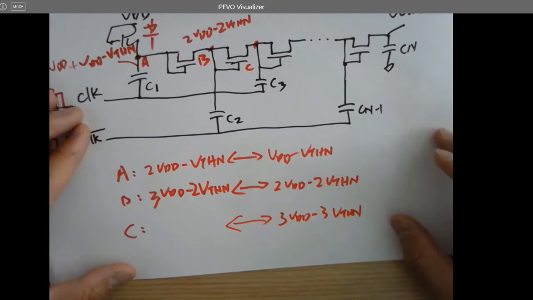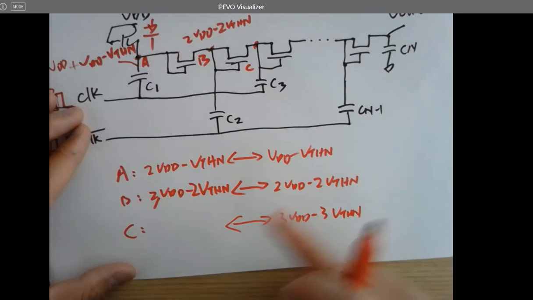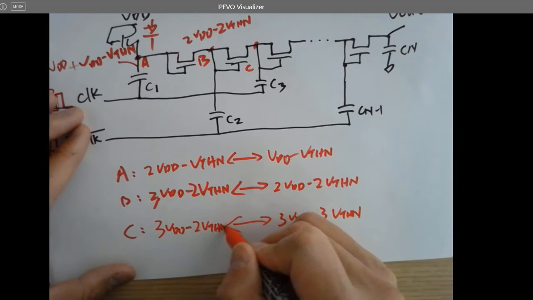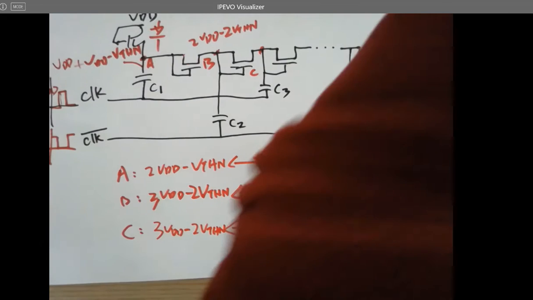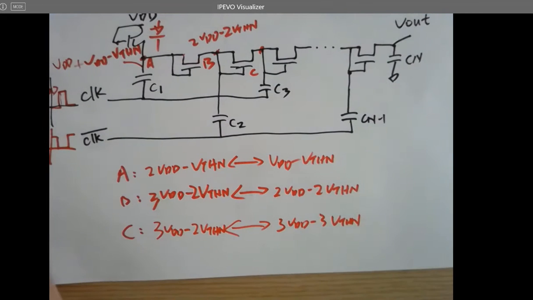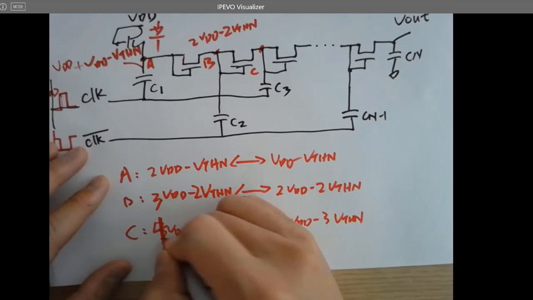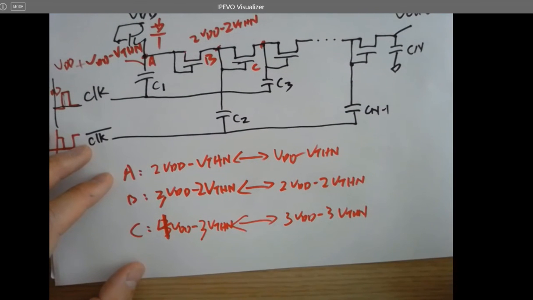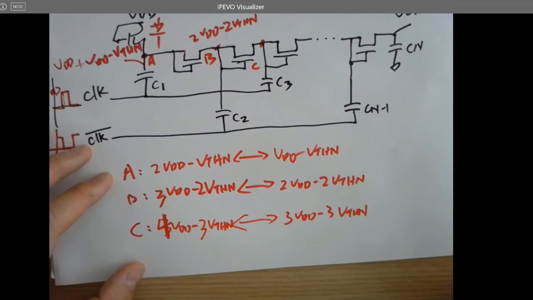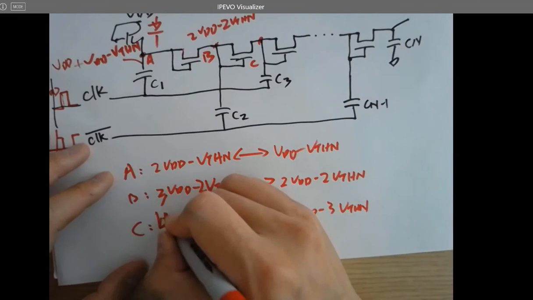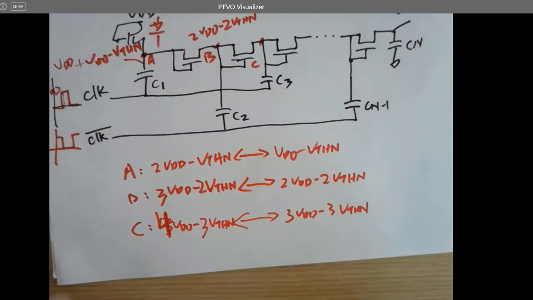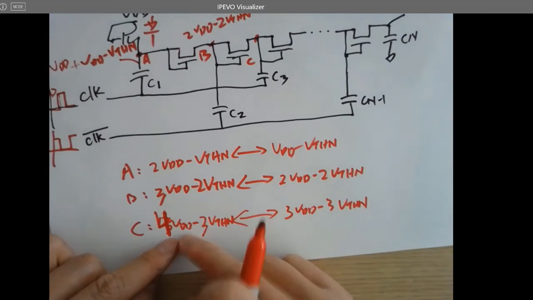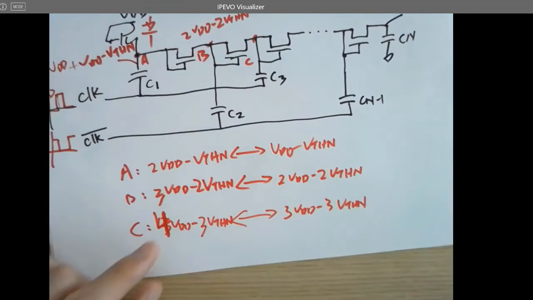And this guy plus VDD will be the highest. Am I making this correct? Oh, 4, yeah, 4. 4 minus 3 and 3 minus 3, yeah, that's right. I can compare that the voltage is being lifted for every single step after this, right?